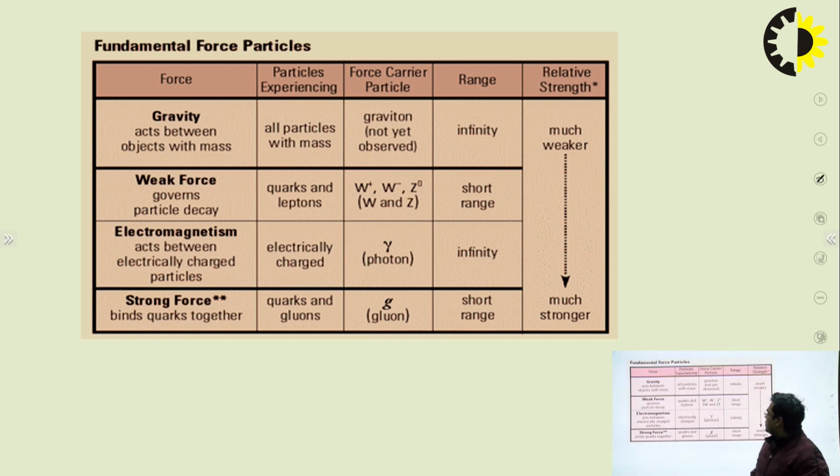If we talk about their range, we can understand with a comparative table. Gravity acts between two masses and is the weakest force. The weak force is governed by particle decay.